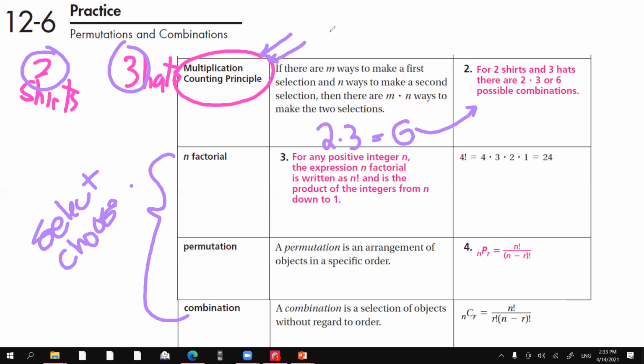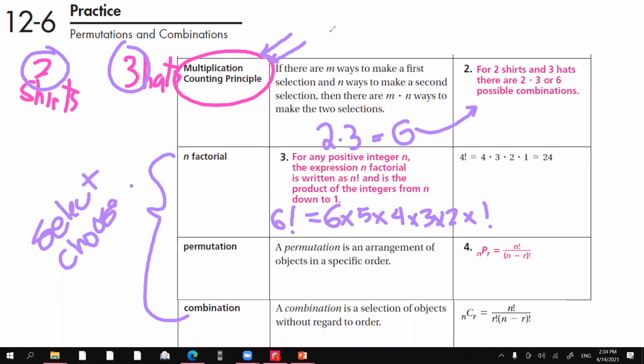You have 6 books and you want to read all of them. In how many ways can you choose them? I will say 6 factorial. And as we said, 6 factorial means 6 times 5 times 4 times 3 times 2 times 1. This is if I want to choose all of them.